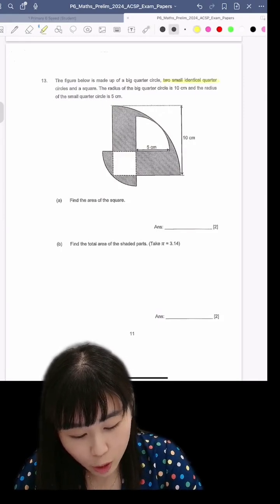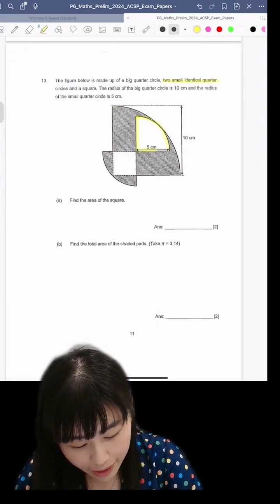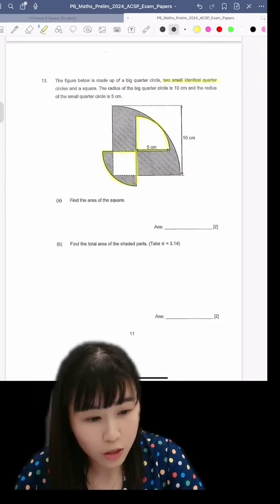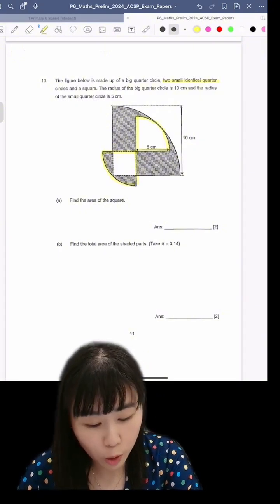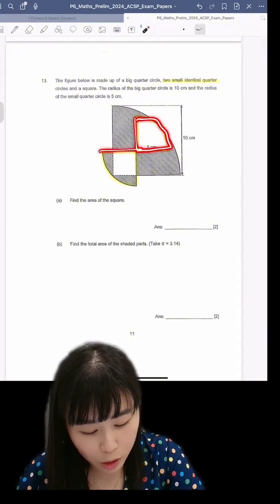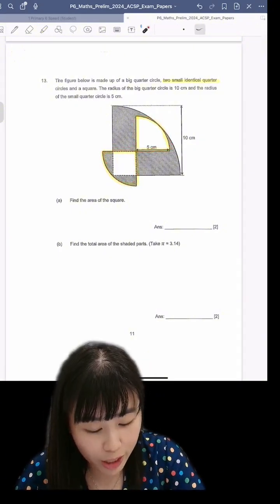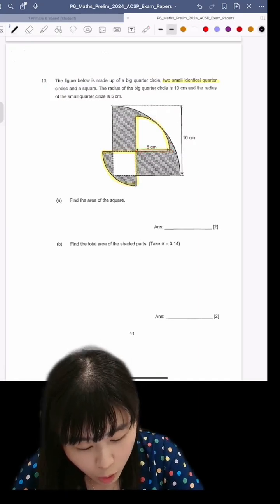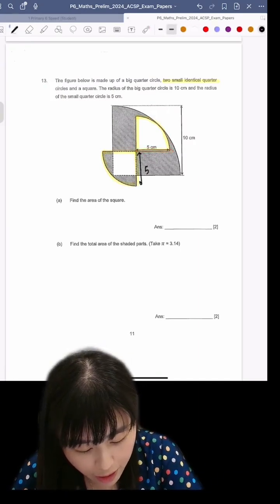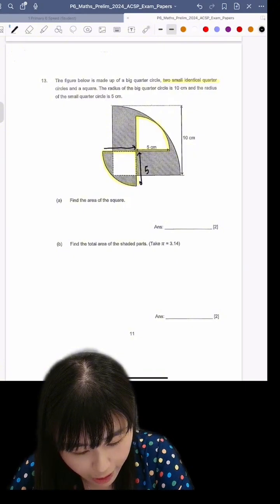Two identical quarter circles means here and here is the same. So the very first thing I want you to put, to connect these two quadrants, is their radius. Their radius must be the same. This is 5, right? You will know this is 5, correct or not, guys? And this is 5, correct or not, guys?